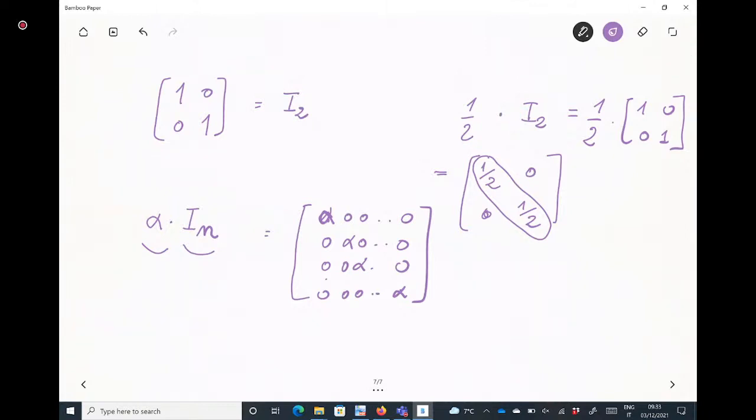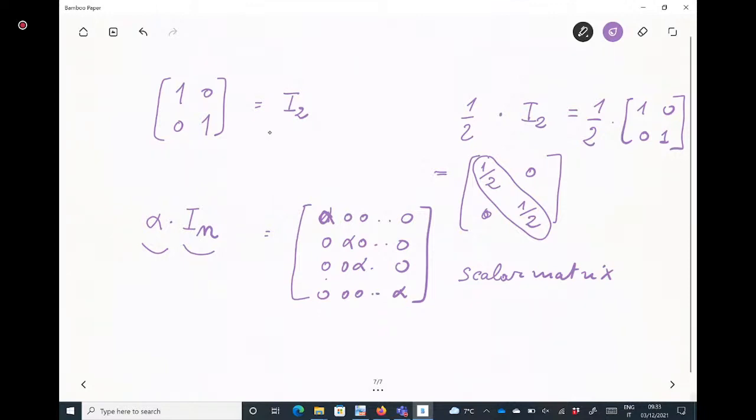This is called scalar matrix of dimension n. Scalar matrix because it plays the same role as a scalar in the matrix multiplication.